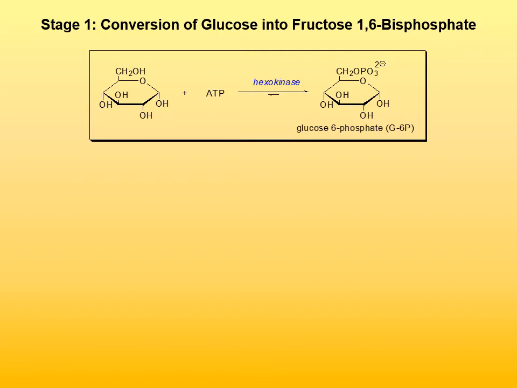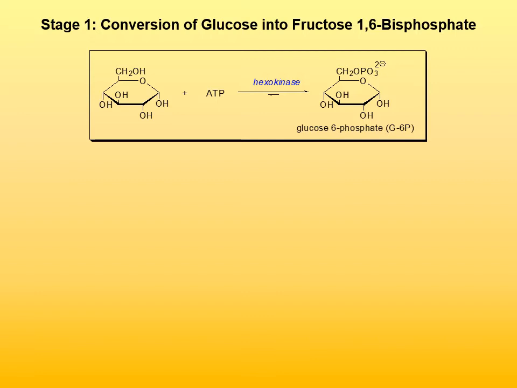Glucose is then transported into the cell by transport proteins, and then in the first step it's phosphorylated by ATP. Glucose 6-phosphate itself is not a substrate for glucose transporters, and so cannot pass through the membrane out of the cell. It's also less stable than glucose, which means it's more easily metabolized.